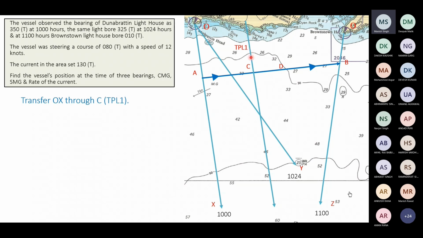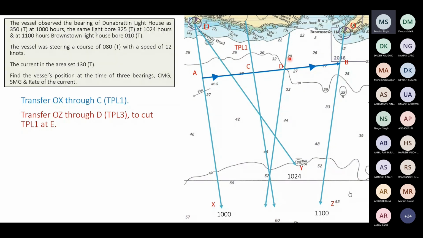Now we do the same thing with our third position line. We have to draw a line parallel to our third PL, that is OZ, which passes through point D, the delta point. The delta point has already been identified in the previous step. So I align my parallel ruler with the third PL OZ and transfer it to point D. You can see this parallel line.